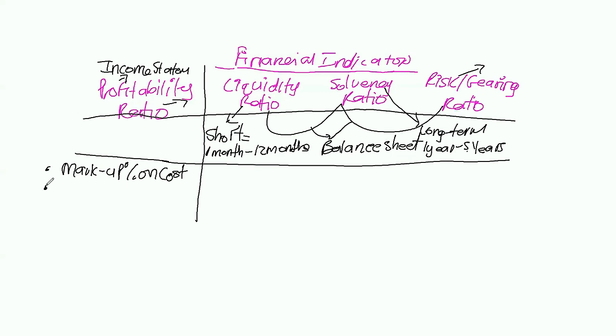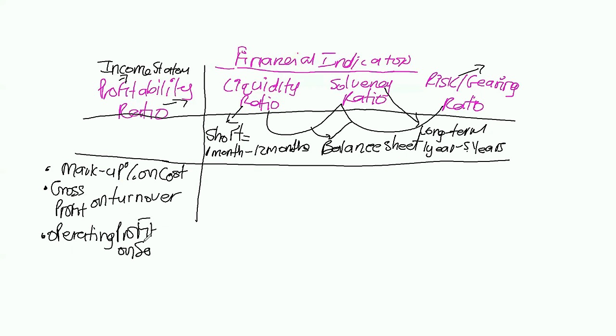Then we also have our gross profit on turnover. So remember, our turnover is sales. And then we have our operating profit on sales. So I won't list the other ratios. I will just list those ratios that are important under this topic.